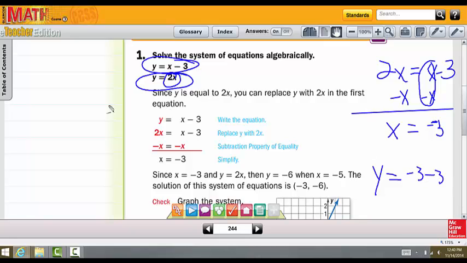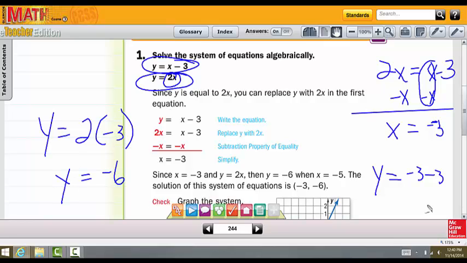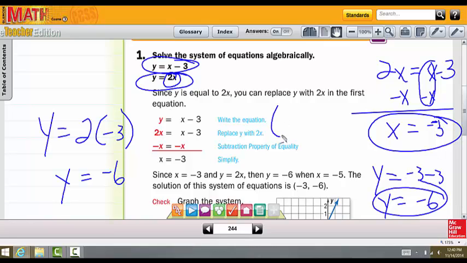Or we could write y equals 2 times negative 3. And in either case, we're going to get y equals negative 6. So x is negative 3 and y is negative 6. So our point would be negative 3 for x and negative 6 for y. That is the solution to our equation.